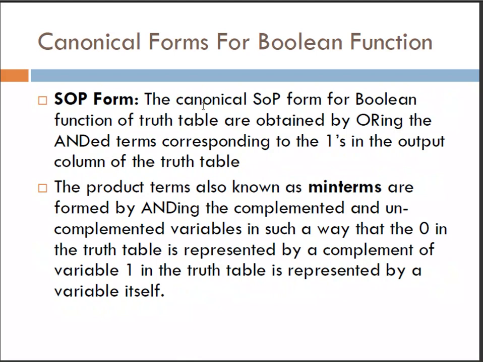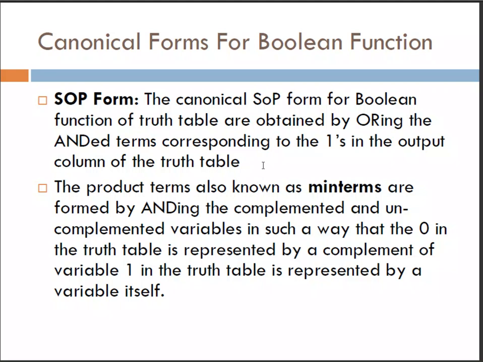Canonical form for a Boolean function: we have SOP, which is the sum of products form. The canonical SOP form for a Boolean function of a truth table is obtained by ORing the ANDed terms, meaning addition of product terms corresponding to the ones in the output column of the truth table.